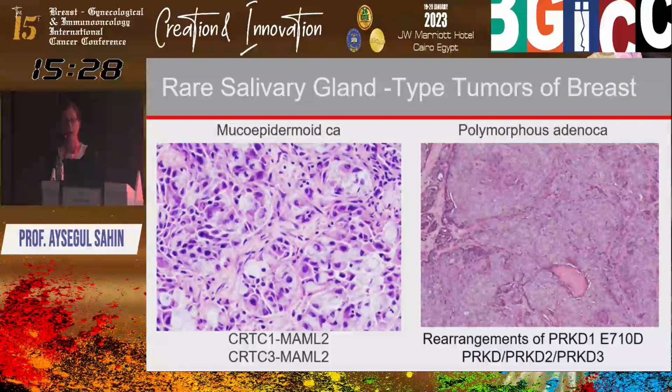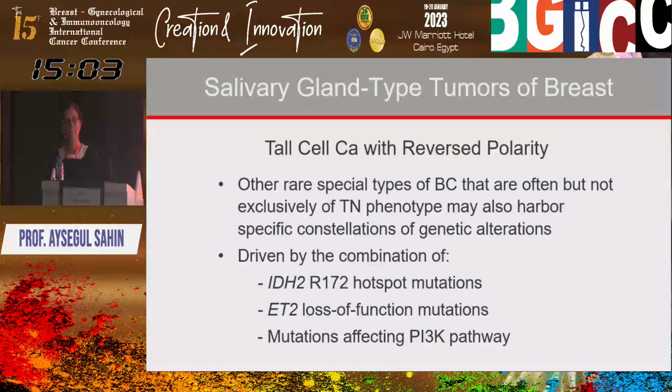And other rare salivary gland type tumors such as mucoepidermoid carcinoma and polymorphous adenocarcinoma have all been shown to have the same mutational profiles as their salivary gland counterparts. So identification of these specific molecular abnormalities is important.